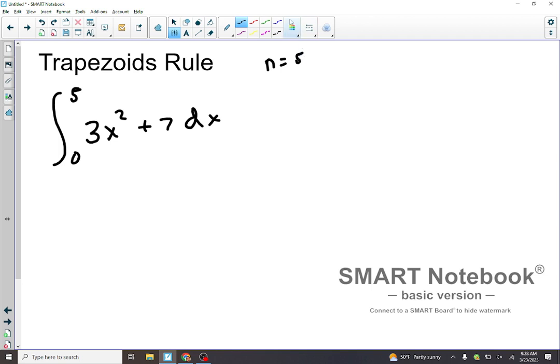Now for trapezoid rule, I need some amount of equidistant trapezoids. In this case, say 5 equidistant trapezoids. Kind of like the rectangles, you want the points from the beginning to the end. I need it in 5 spaces, so it's from 0 to 5: 0, 1, 2, 3, 4, and 5.